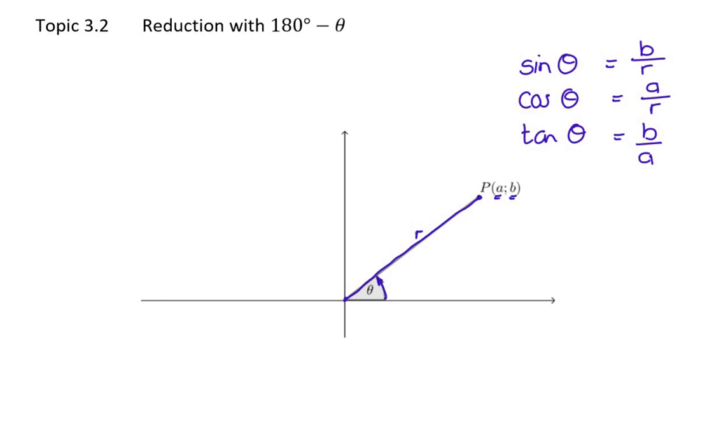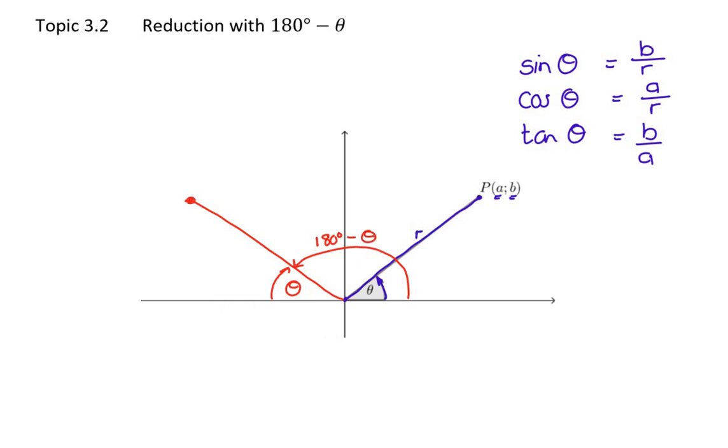Now we want to create an angle of 180 degrees minus theta in this Cartesian plane. So how is that done? We saw this in the first video. If I reflect this line over the y-axis, what angle does this create in the Cartesian plane? Remember, we always measure angles anti-clockwise from the x-axis to the line. So this will be 180 degrees, but take away theta, so minus theta.